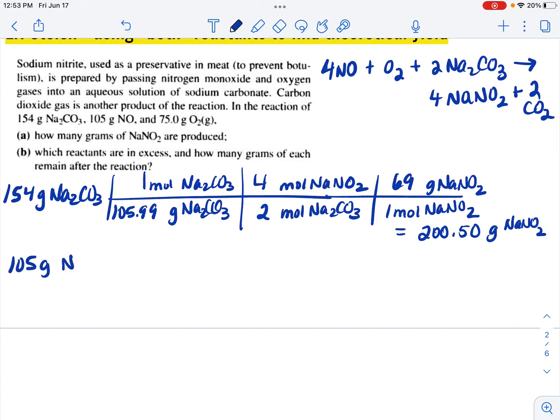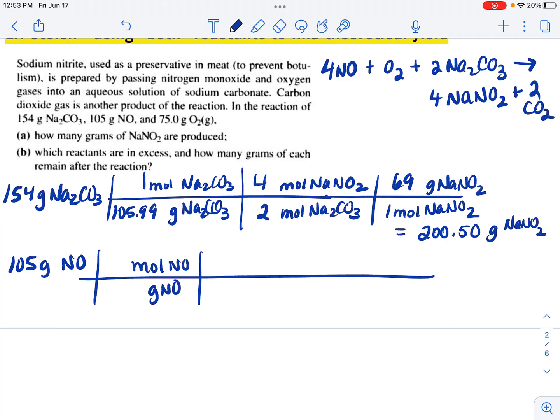I'm going to do the same thing with my 105 grams of NO. Grams of NO to moles. Moles of NO to moles of NaNO2. And moles of NaNO2 to grams. I already know that, 69 to 1.